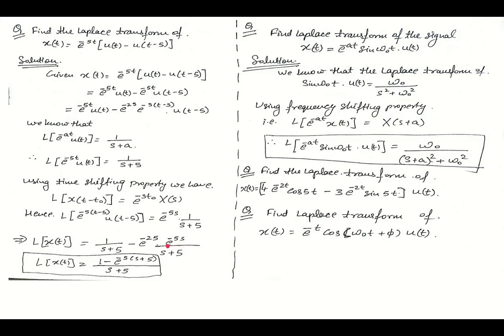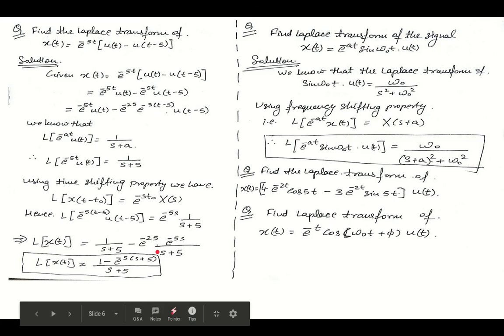So we can put this value over here. So I can take the LCM, and after taking the LCM I can find that the Laplace of x(t) is equal to 1 minus e to the power minus 5(s plus 5) upon s plus 5.